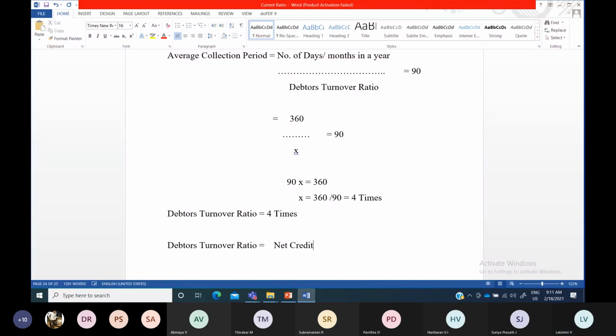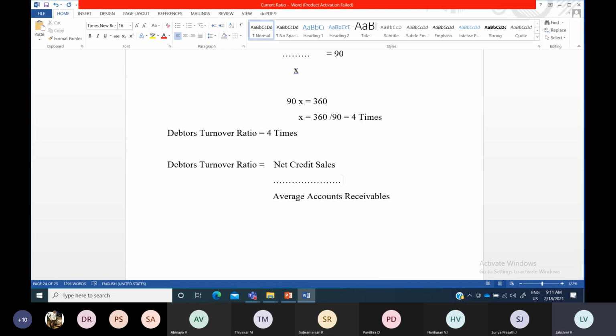Net credit sales divided by average accounts receivable. Okay, so this is the formula for that, and this we know already. So I'm mentioning it as 4.